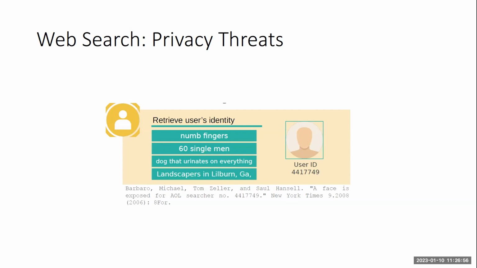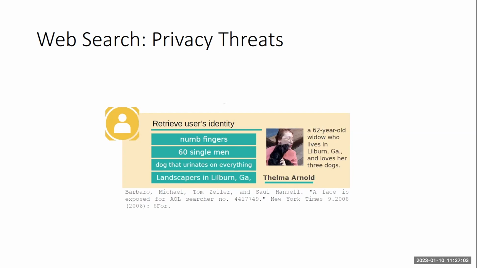They thought that putting just a random number in front of the user identity was sufficient. And of course, there have been many articles, here it was the New York Times, that showed that it's very easy to get back to the identity of the users by using past user queries. Here, Thelma Arnold was de-anonymized as a 60-year-old lady who lives in the US, has dogs, and was looking for a single man.